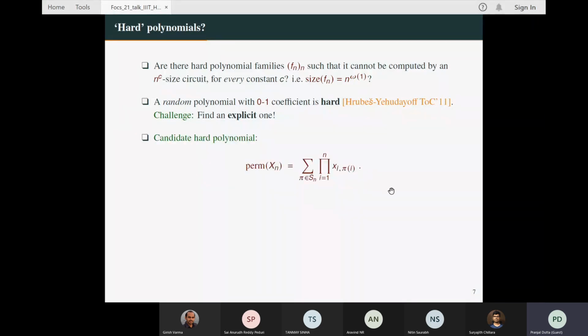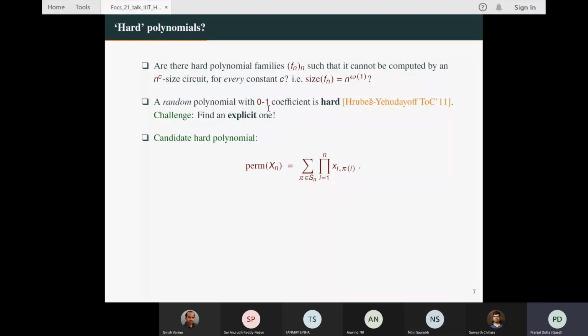So again, the target is explicit: to find an explicit polynomial which is hard, which requires super-polynomial size circuits. Pranjal, maybe a couple here: sometimes using non-trivial constants, not coefficients, constants, can bring down the complexity of the polynomial, right? Right. That is why this statement is more important: you can work over rationals or complex or whatever, and you can use arbitrary constants in the circuit.